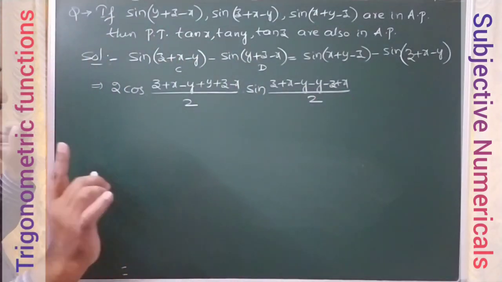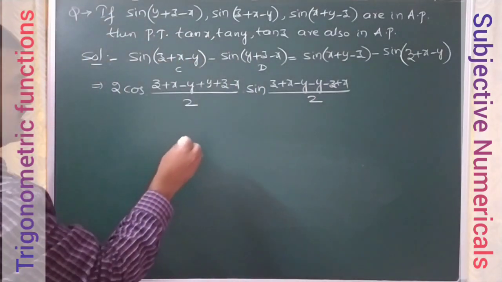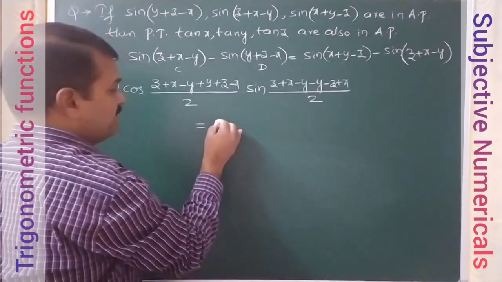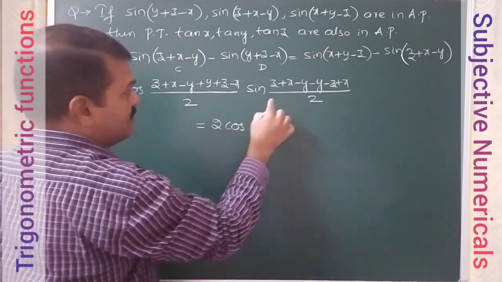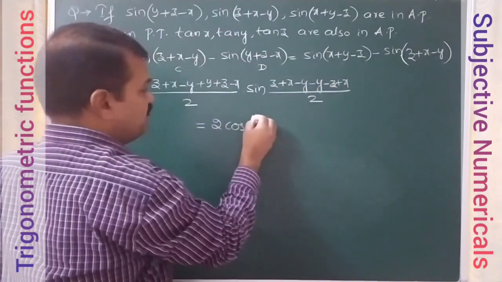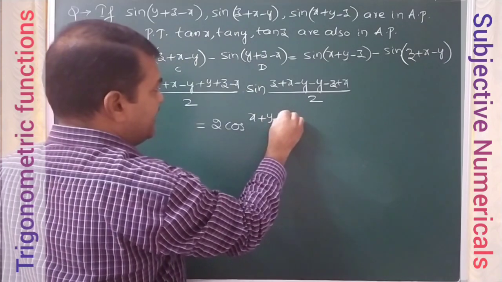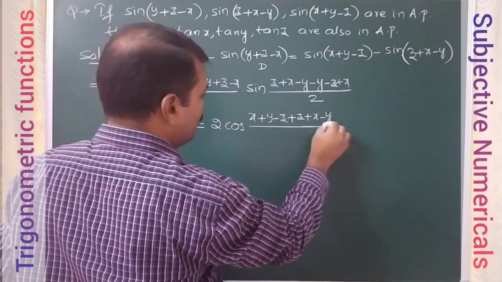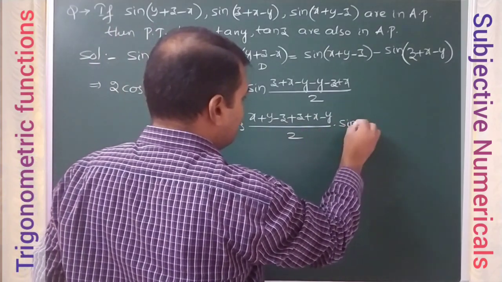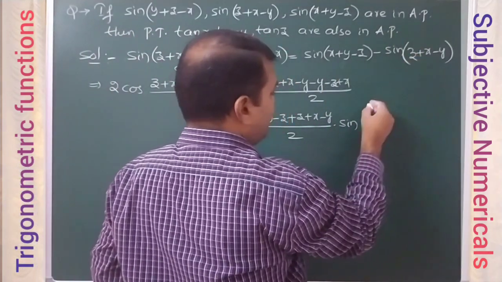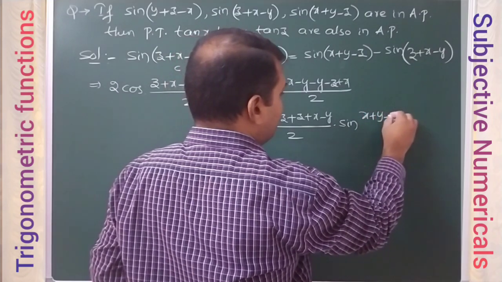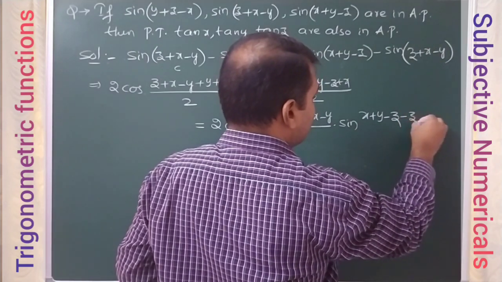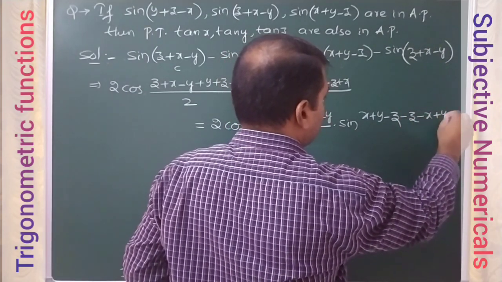So this completes the LHS formula application. Now for the RHS I am writing sin C minus sin D, same formula: 2 cos((C + D)/2), so (x + y − z) plus (z + x − y) by 2, into sin((C − D)/2), so (x + y − z) minus (z + x − y) by 2.